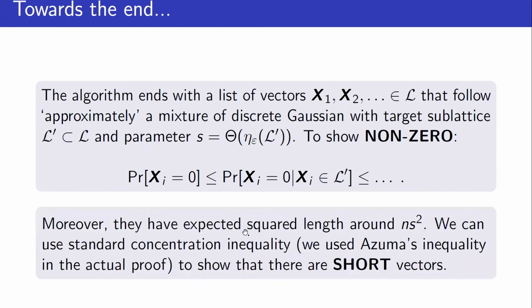At the same time, we carefully control the expected square norm of these vectors, and we can show that they have expected square norm around n s squared. Then we can use standard concentration inequalities, in which case we use Azuma's inequality, to show that there are short vectors among this list of vectors. And that's all the ingredients we need.